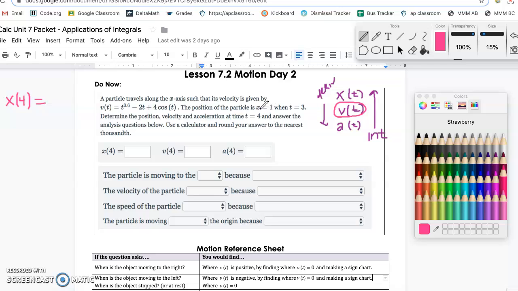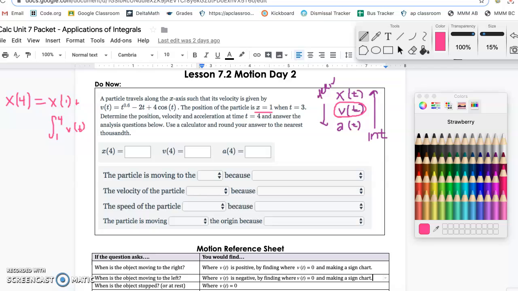My original, the first thing I have is this x equals 1. So I'm going to say x of 1 plus the integral from where I start, which is 1, to where I end, which is 4, so from 1 to 4 of v of t. This says the original position plus the amount of change that occurred gives the final.